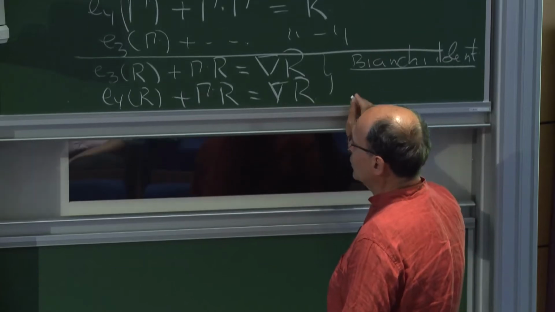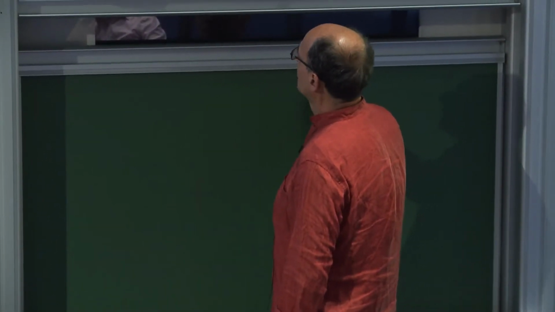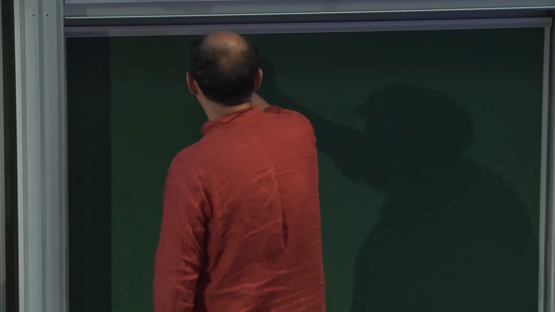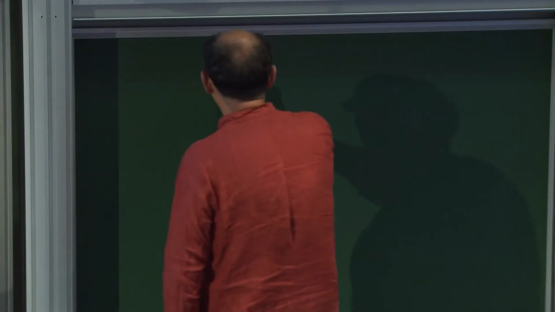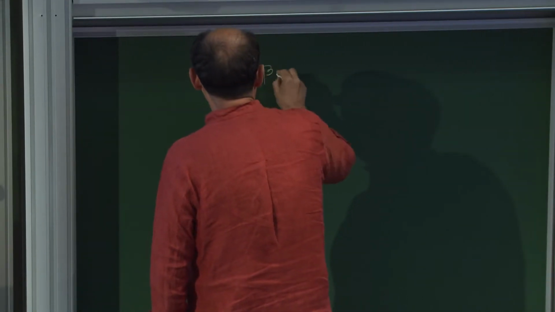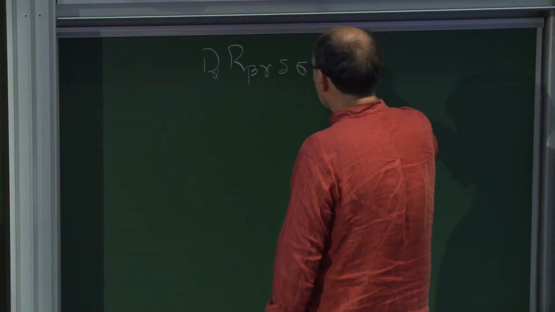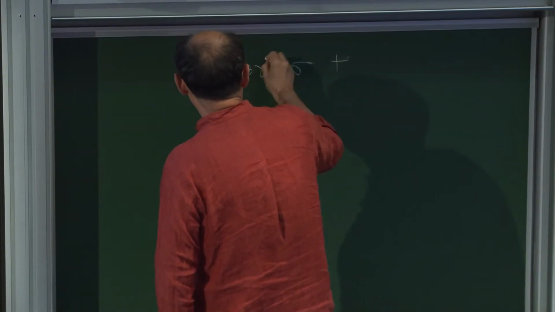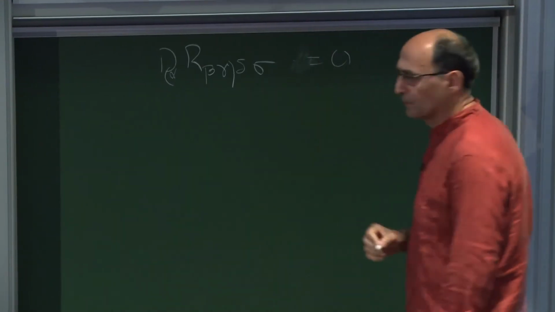And it's not too difficult to see, in a first approximation, that they can be derived from the standard Bianchi identities, which are R_{alpha beta gamma delta} plus, right, you take cyclic permutations of these indices, equal to 0.